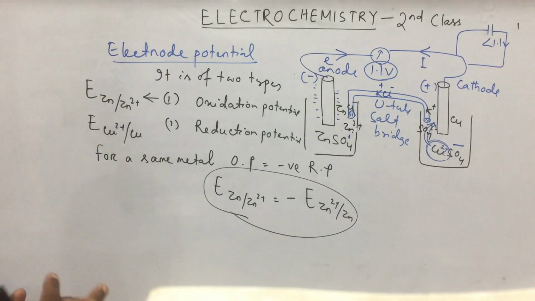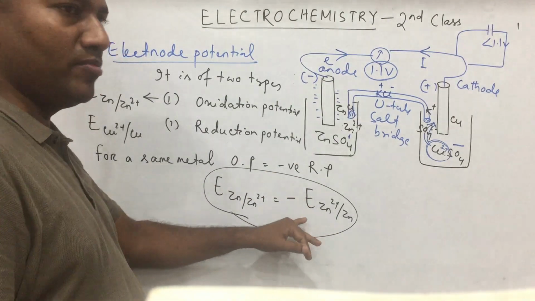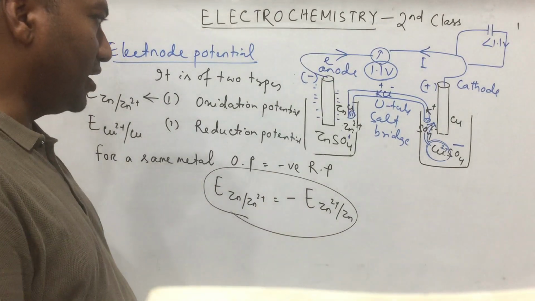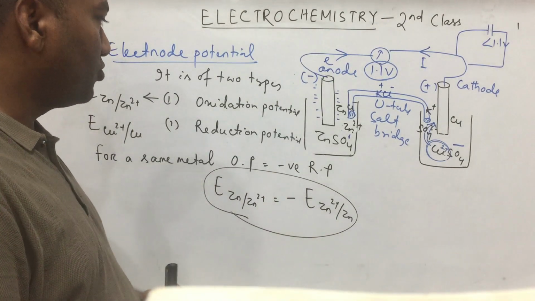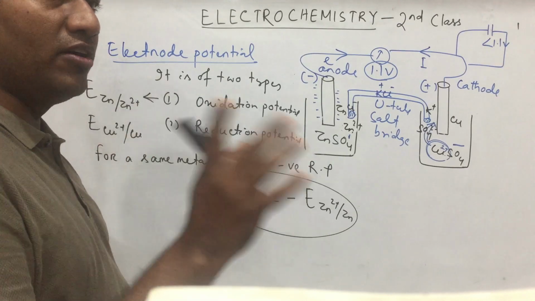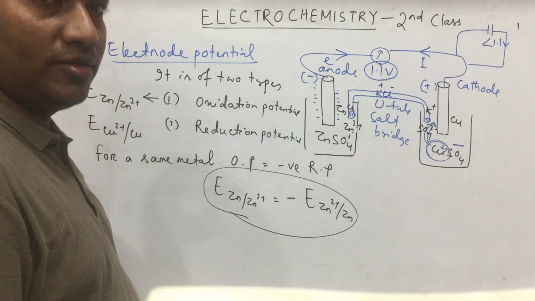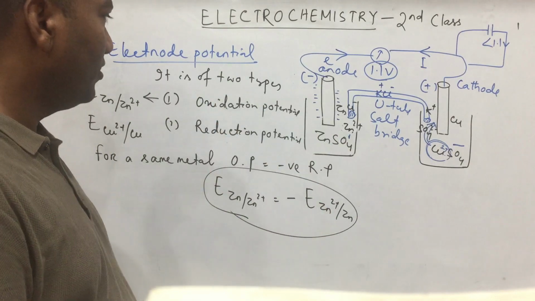According to the IUPAC format system, we always use the reduction potential format. So remember, when data is given in a question, it will always be given in the reduction potential format. No need to change it again into oxidation potential format. Clear? Why sir?